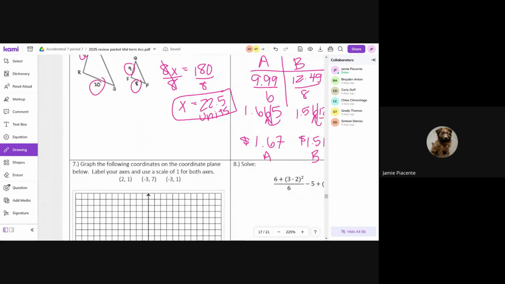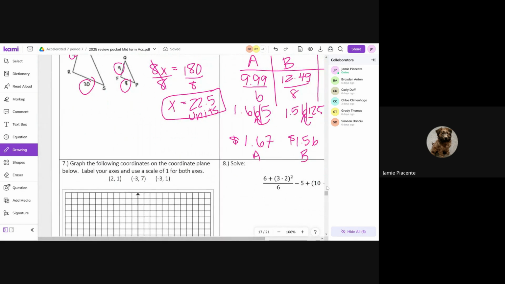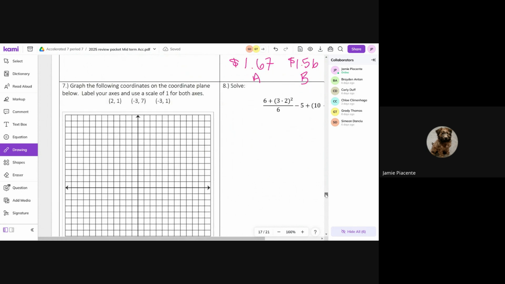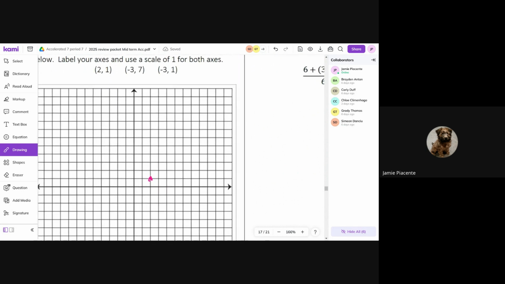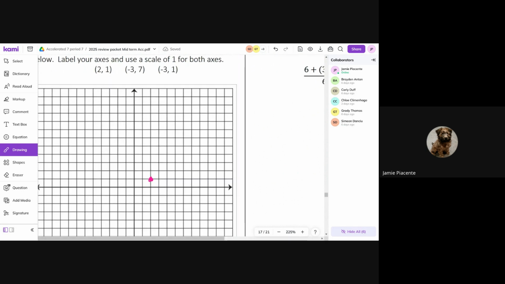Okay. Graph the coordinates on the coordinate plane. Here we go. We have 2, 1: 2, up 1. Should I zoom in? I don't know what's going to be better. Okay, -3, 1, 2, 3, up 7: 1, 2, 3, 4, 5, 6, 7.